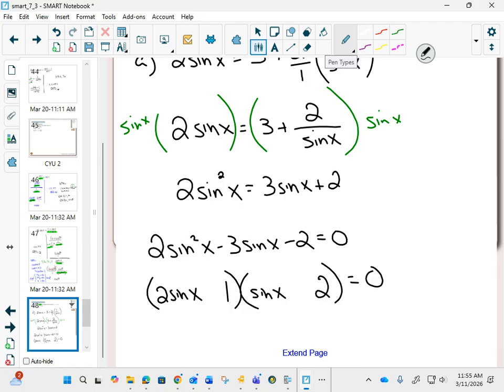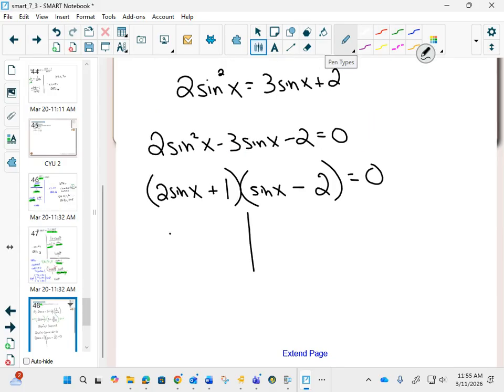I need a negative 3. Does it make sense? I'd want a minus 4 and then a plus 1 to get a negative 3. And if I double check this, sure enough, after I factor, I always multiply it out in my head and it matches up. This then tells us that either sine x equals negative 1/2 or sine x equals 2.